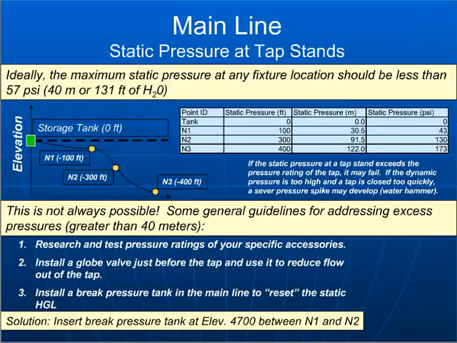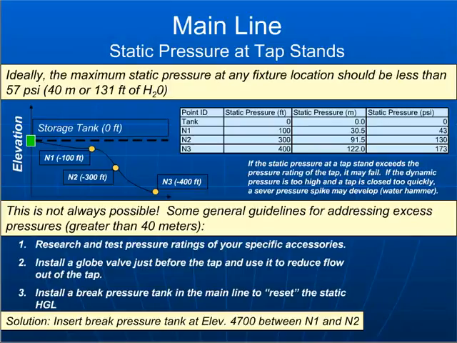So you can see from this example here, we've exceeded that maximum allowable pressure at the tap stands at both node 2 and node 3. Node 1 would be considered okay, but the maximum static pressure at node 2 was 300 feet, and at node 3 was 400 feet.